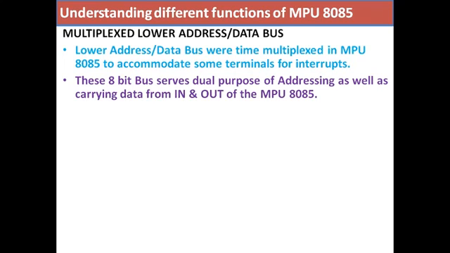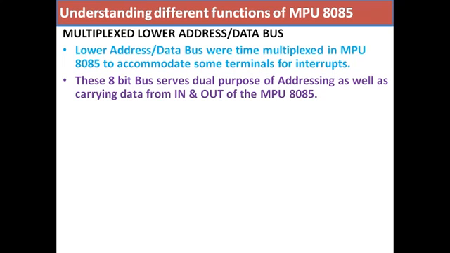The 8080 microprocessor didn't have any provisions for interrupts. To accommodate those pins, the lower order address bus, that is A7 to A0, was multiplexed with the data bus, and those 8 pins which were released were used as interrupts in 8085.